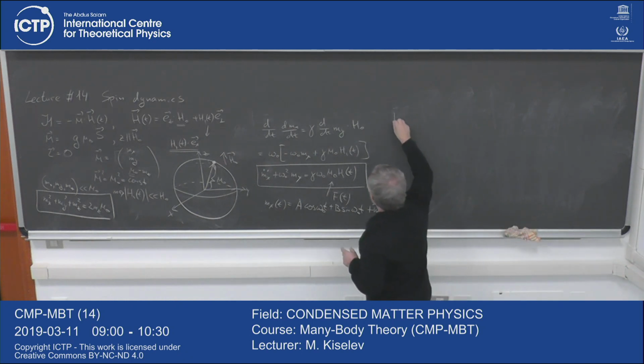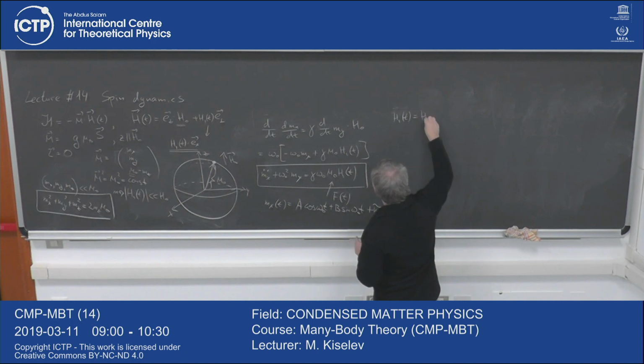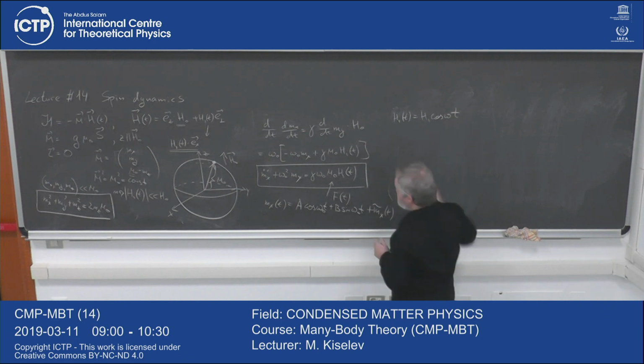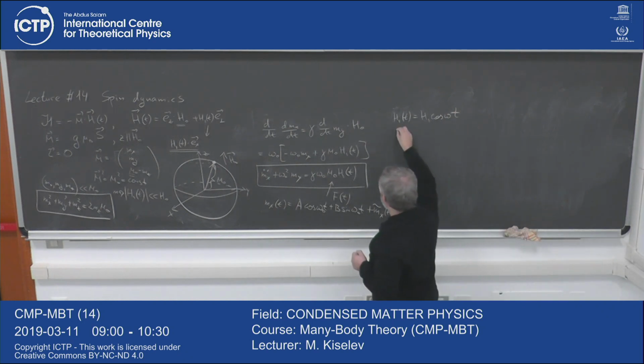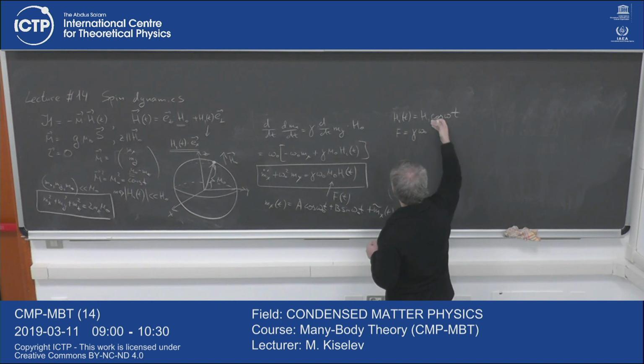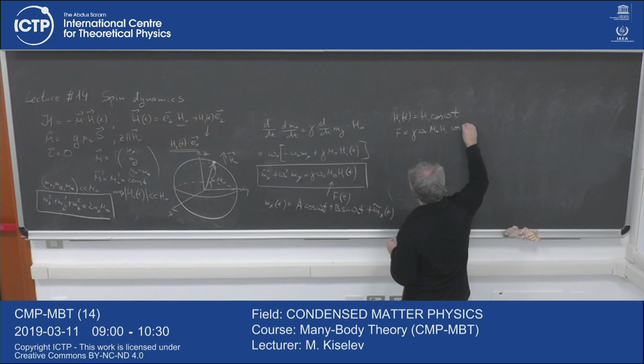Suppose h1 t is equal to h1 cosine omega t. Therefore, the external force for the harmonic oscillator is equal to gamma omega naught m naught h1 cosine omega t.